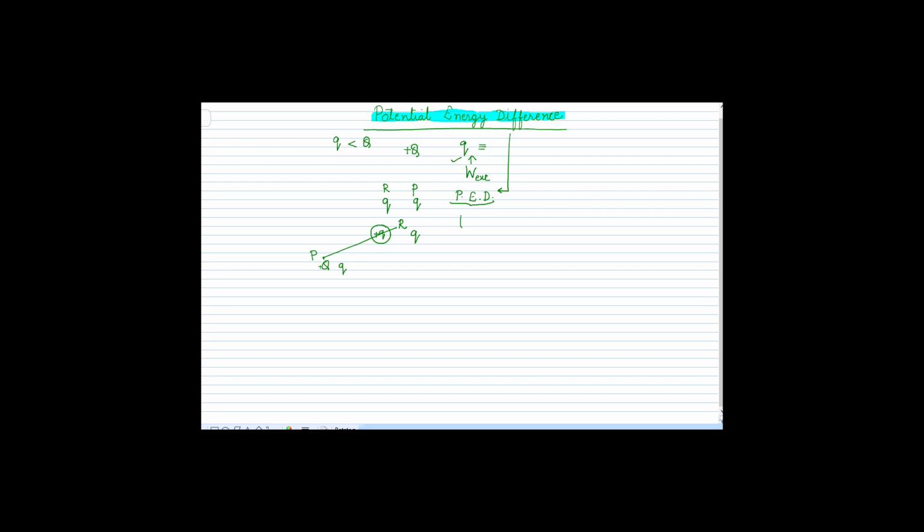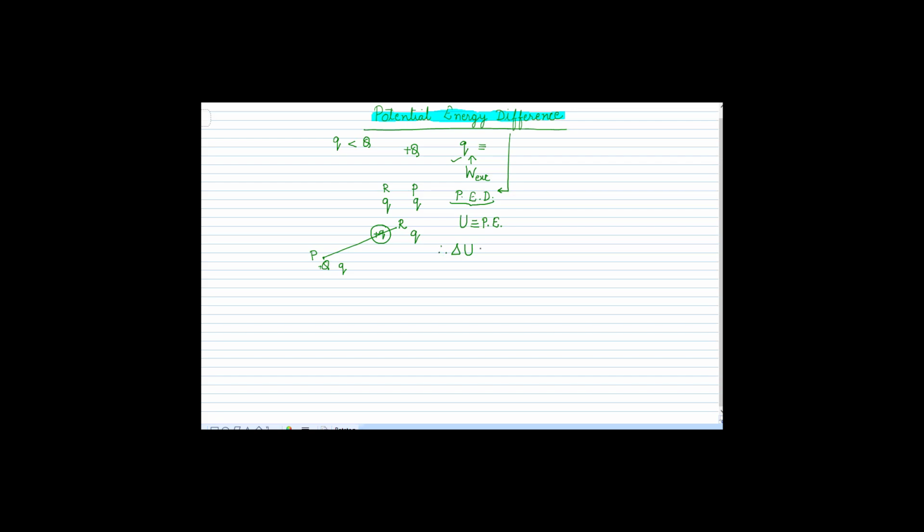So the symbol we use for potential energy is always capital U. So U defines the potential energy, and here the electrostatic potential energy. So the difference in potential energy is denoted with delta U. Delta shows the difference and capital U shows the potential energy.